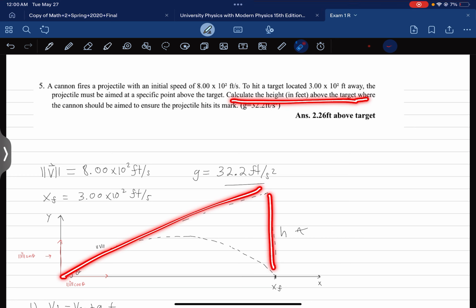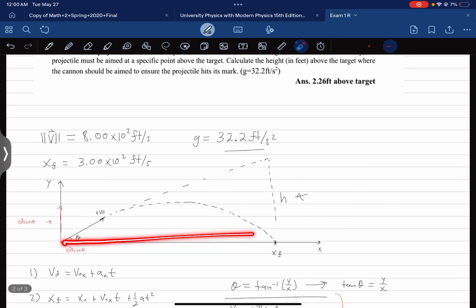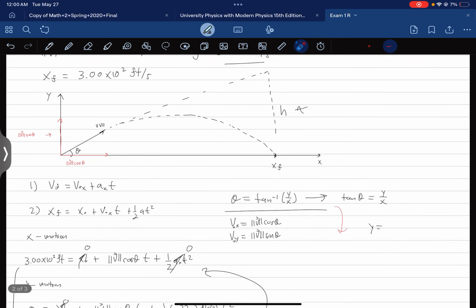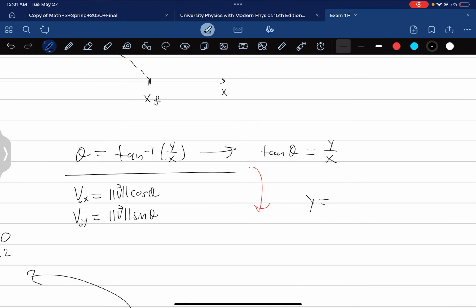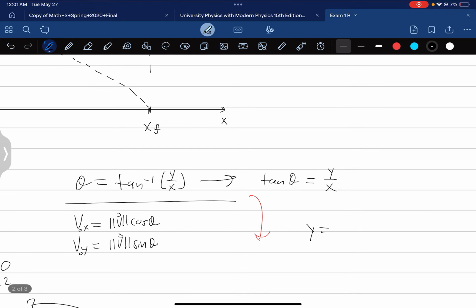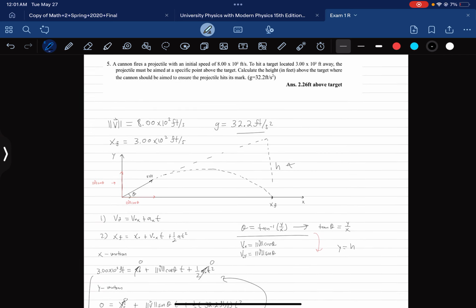Imagine if we just draw a line. We know our x value in this case is just the distance to the target, xf, and our y in this case is just going to be the height at which the cannon is pointed at. So if we were to draw a line, y in this case is h, just by looking at it.